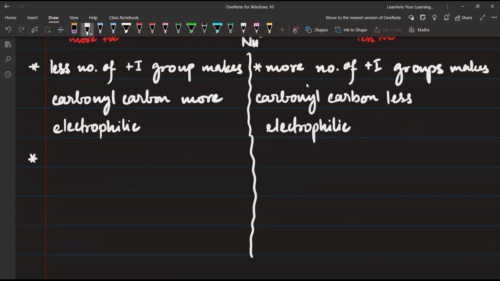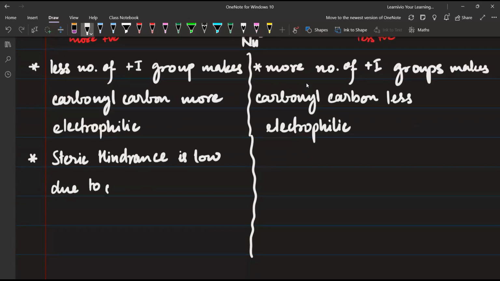Second point: steric hindrance is low due to one alkyl group. Therefore, reactivity is higher.